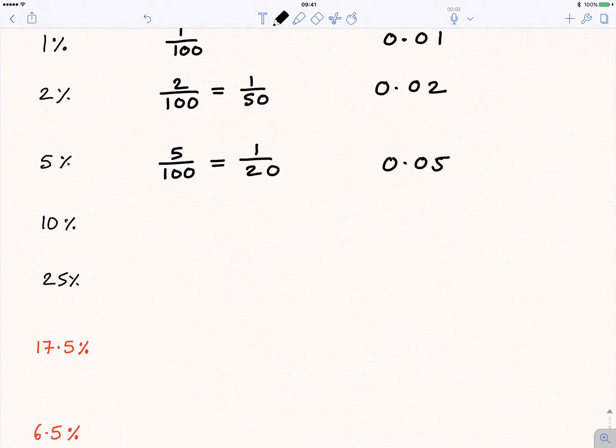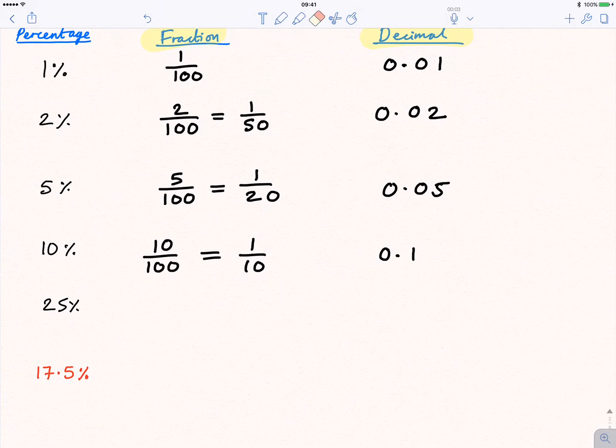Now 10% is 10 out of 100, which can be simplified to 1/10 by dividing the numerator and the denominator by 10, and as a decimal is 0.1.